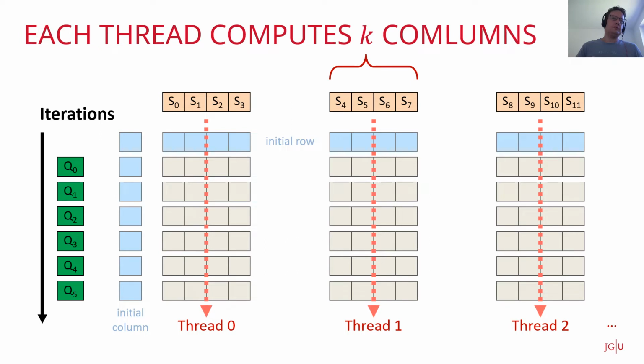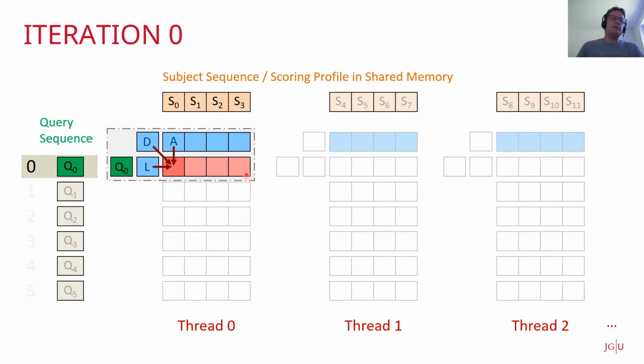First step to increase occupancy is to let each thread compute k columns instead of just one. So if we have, in this example, k equals 4, we can compute 128 columns per warp of 32 threads. So for each thread, we need at least k registers for storing row values.